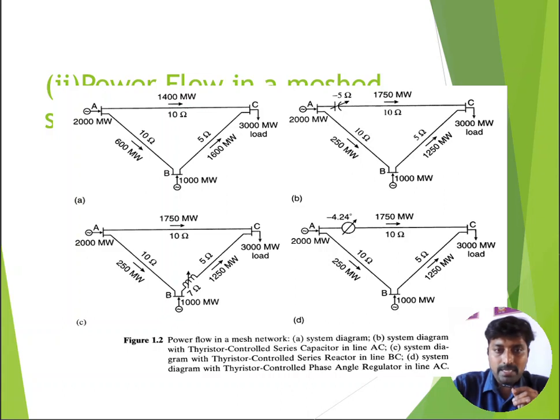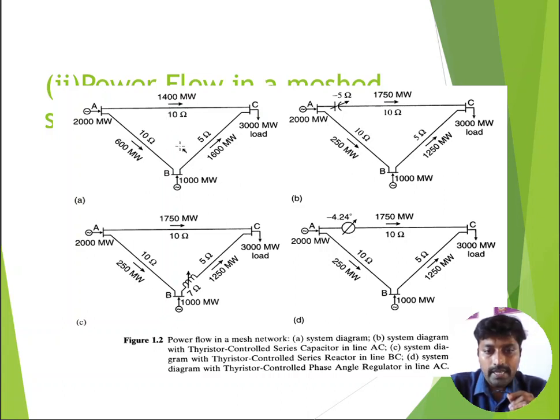The same concept can be explained in a mesh network also. Previously it was from the source end to the load end, like point 1 to point 2. Here this is a meshed system, meaning a closed loop system.